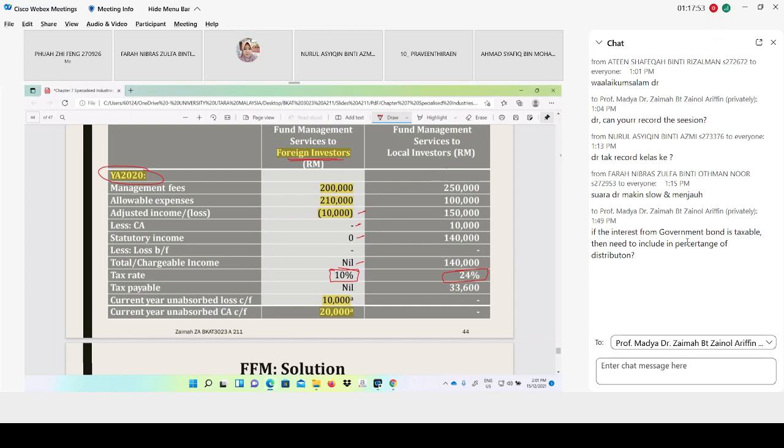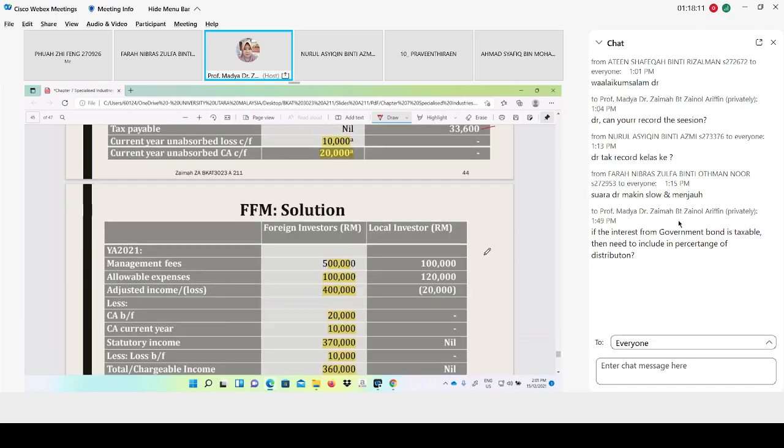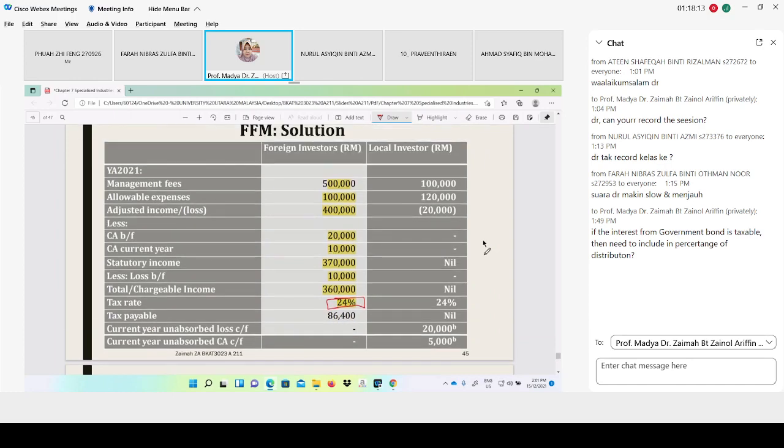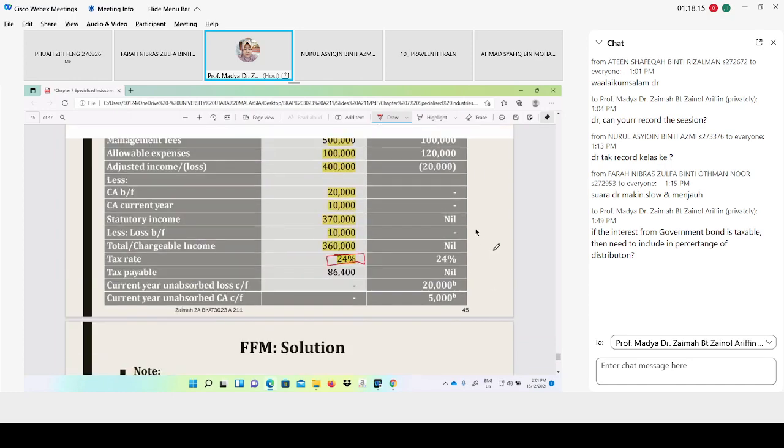You have management fees minus your allowable expenses, adjusted income, minus capital allowance, you get SI, and it's also your total income, multiplied by tax rate, you get the tax. And do the same for your assessment 2021.